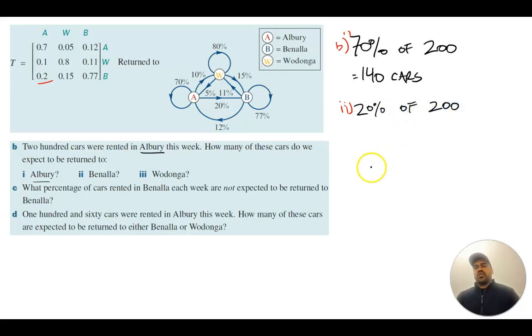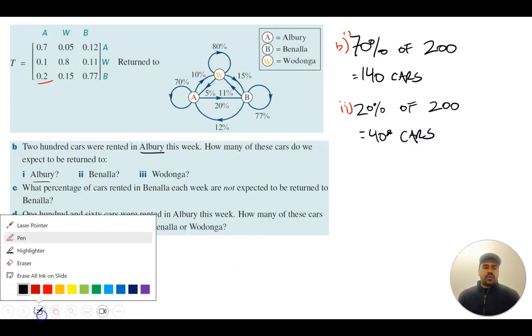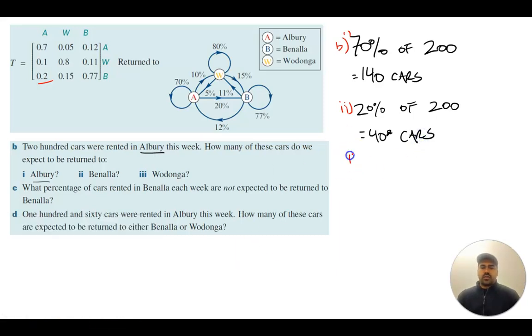So again, if 20% of 100 is 20, 20% of 200 is 40. So this will be 40 cars. And then the third one is that last 10%. 10% of 200, which is equal to 20 cars.